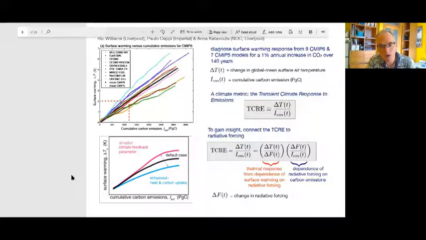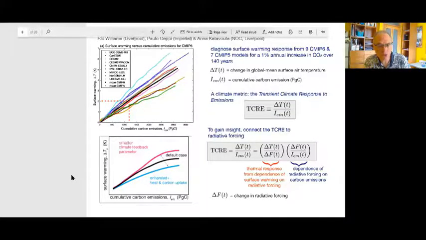Ben, you're quite right. I think we should be thinking about these non-CO2 contributions. This particular set of diagnostics have been done on experiments where it's just a 1% annual increase in CO2. So that aspect is formally excluded. But we have looked at this for RCP runs for CMIP5, and the non-CO2 contributions are important over the first 20 odd years.